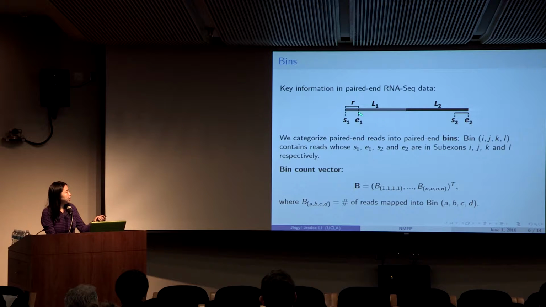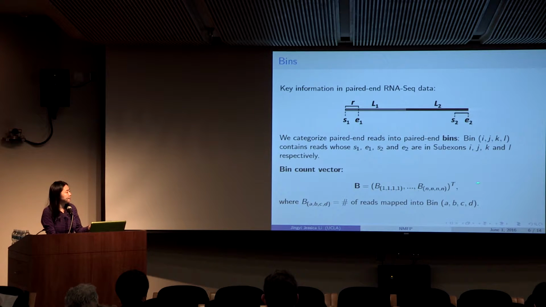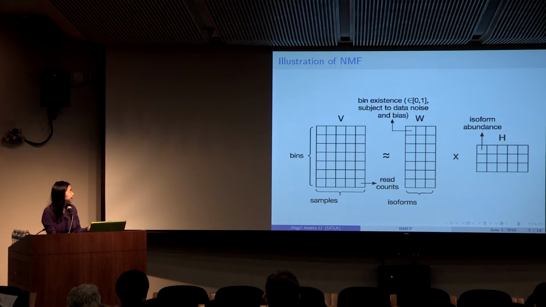Then we find which subexons these positions are in, and this becomes the bin. So as long as we have the subexon number n, we can calculate how many possible bins there are. Then for each bin, we just count how many reads are in it. This is what we call the bin count vector. So this is our data.